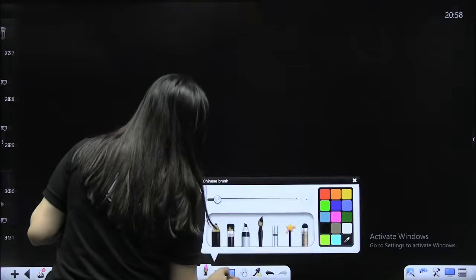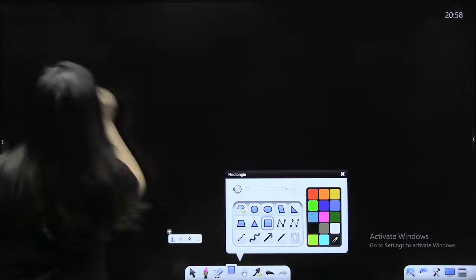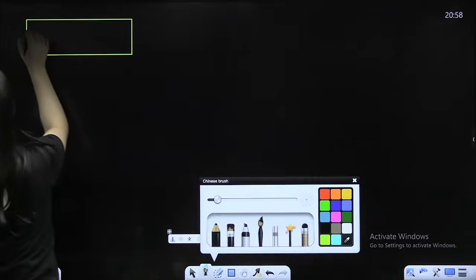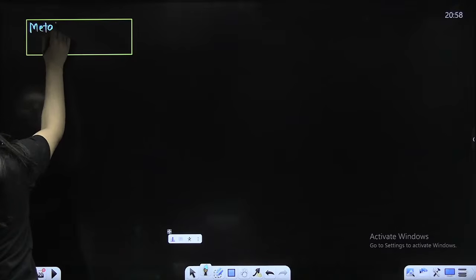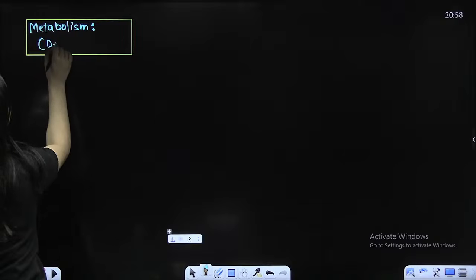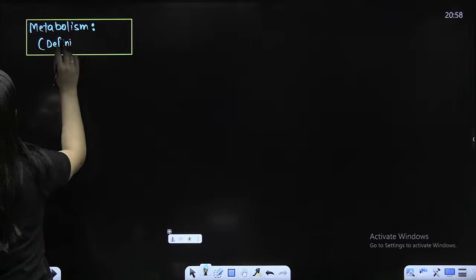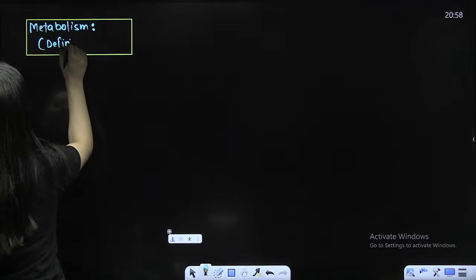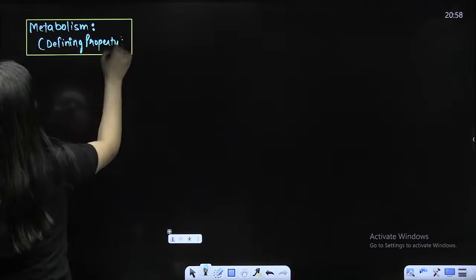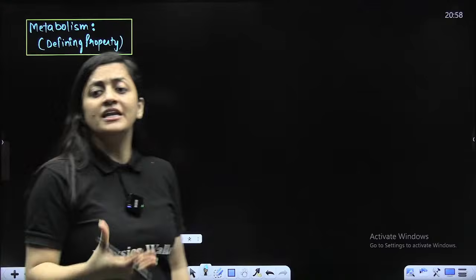See, in the living body, that's what we learn, and I hope you know that there is something which we call metabolism. Metabolism is a defining property of living organisms. What's that? It's a defining property of living organisms. What is the meaning of defining property here?